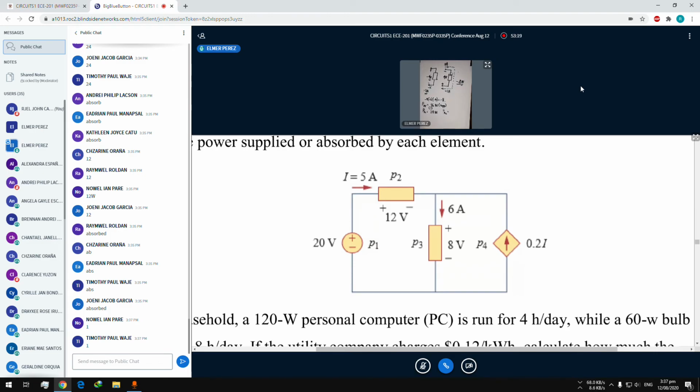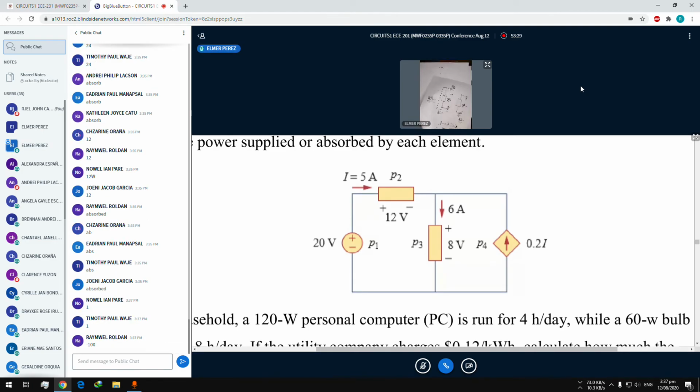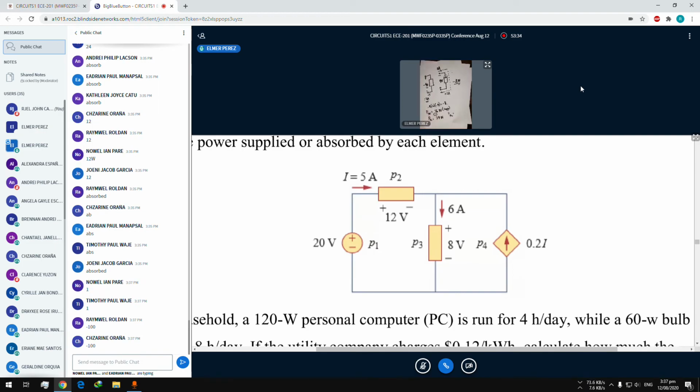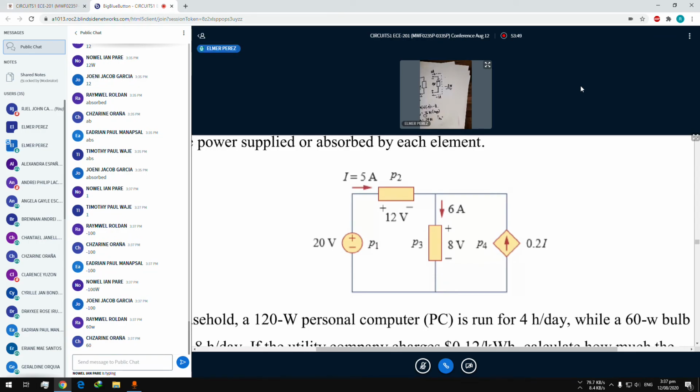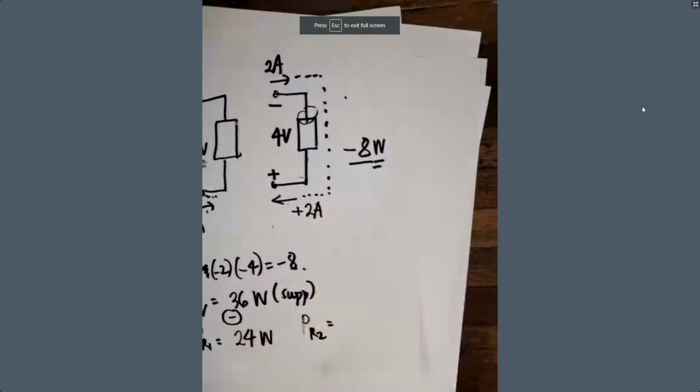Ayan. So, isa-isa natin. Ano yung elements or power supplied or absorbed? Ano ang power ng 20 volts? Ano yung P1? Okay, P1 is 5 times 20, tama. So it's 100, since it's supplied, nagiging negative. How about power 2? 60, kasi 5 times 12, that's 60.